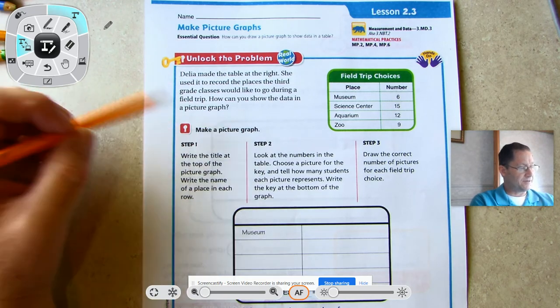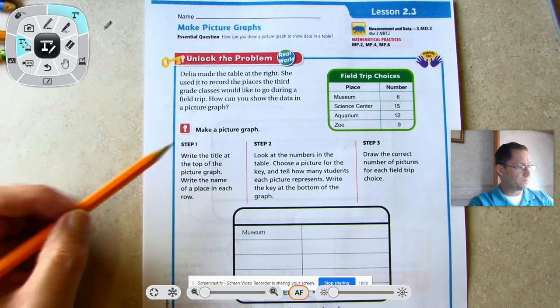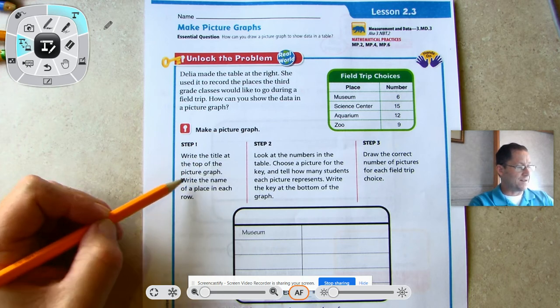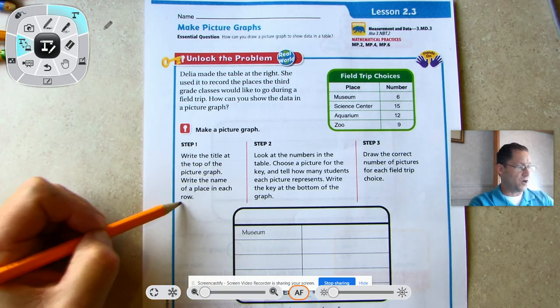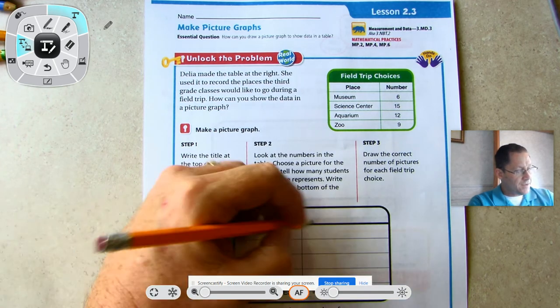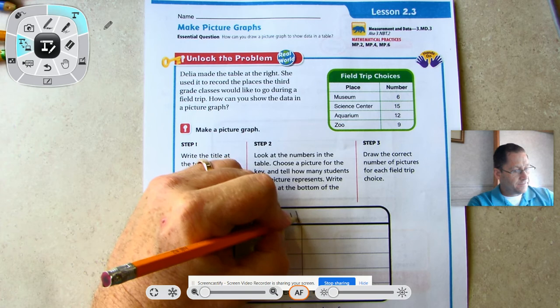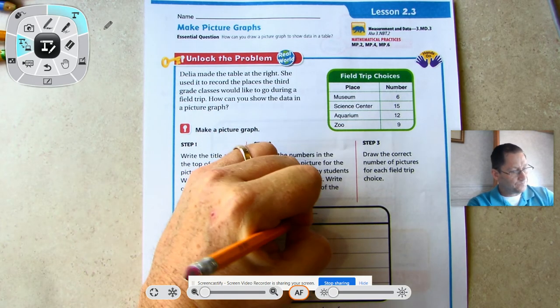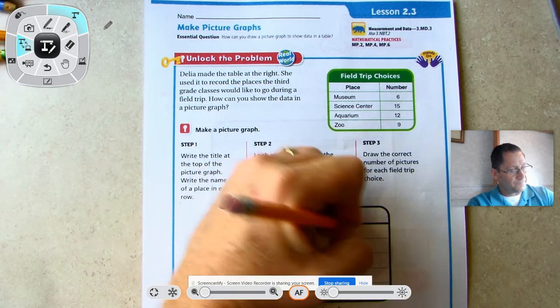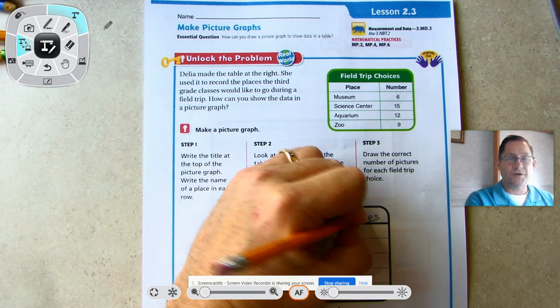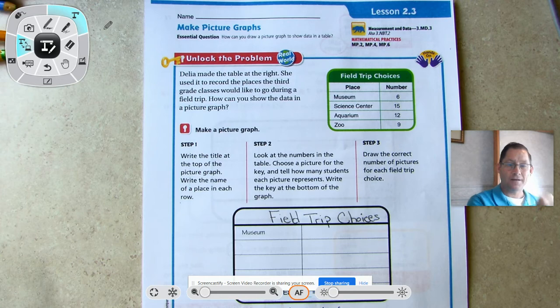And here are the steps. There are 3 basic steps. Step 1, write the title at the top of the picture graph. Write the name of a place in each row. So our title is the same as the frequency table. Okay, so our picture graph has to have a title.